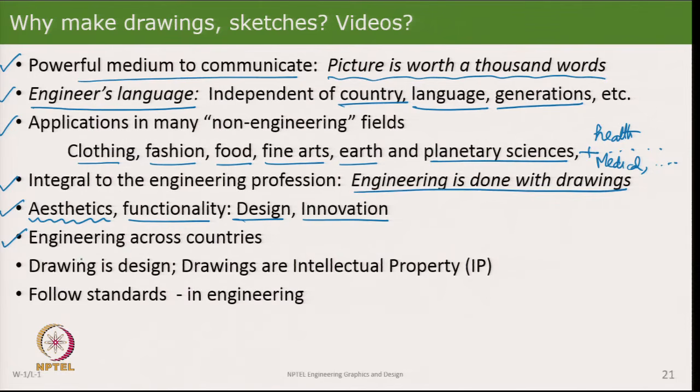Then, as I mentioned, engineering across countries is facilitated by drawings. And one of the most important things here is that drawing is design, drawing is expression of innovation, and so drawings are intellectual property. Whether it is a patent, whether it is a design, whether it is an innovation.